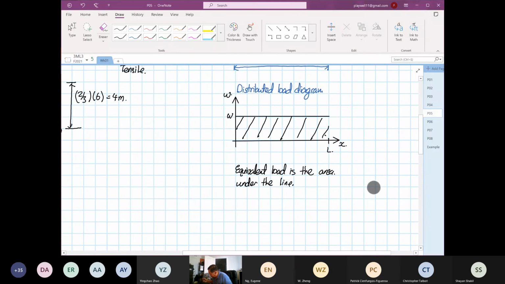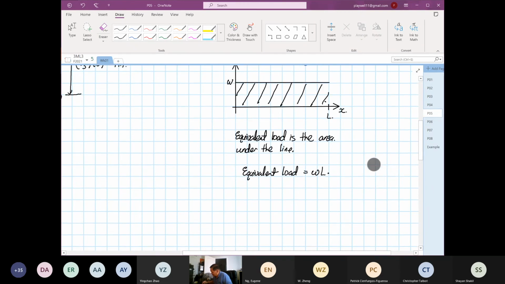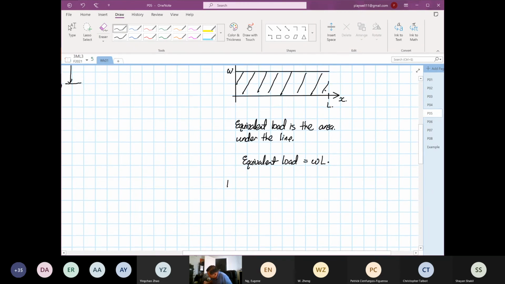So when that's the case, right, your equivalent load will be equal to omega L, right? Length times breadth.